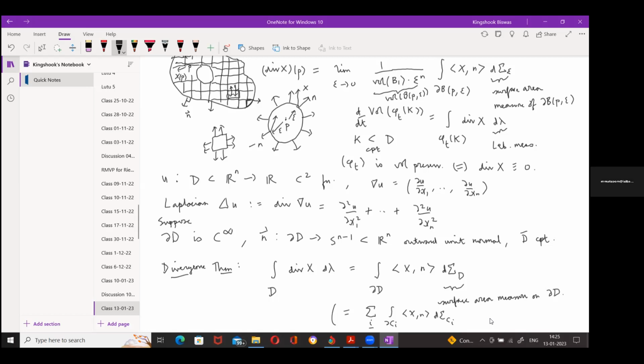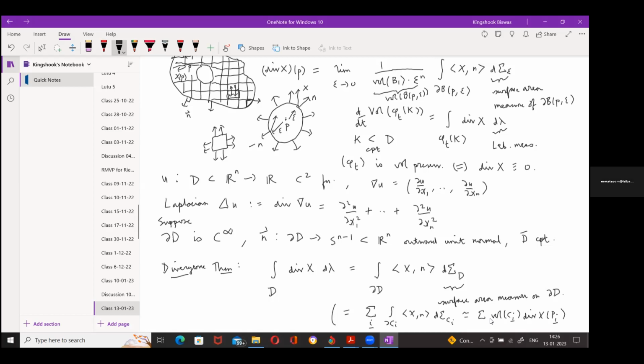Okay, and then by the definition of the divergence, this thing is roughly equal to the volume of Ci times the divergence of X at a point pi in the cube Ci.